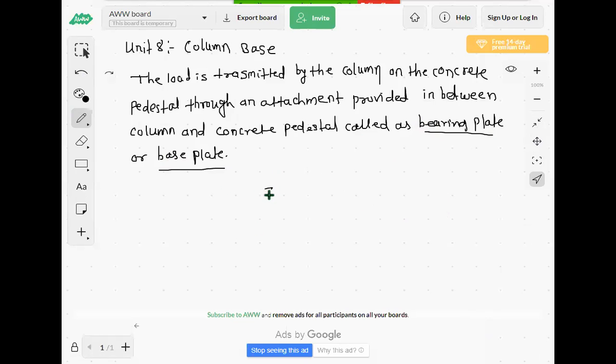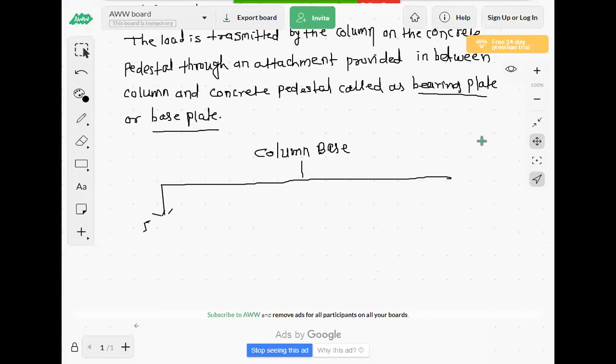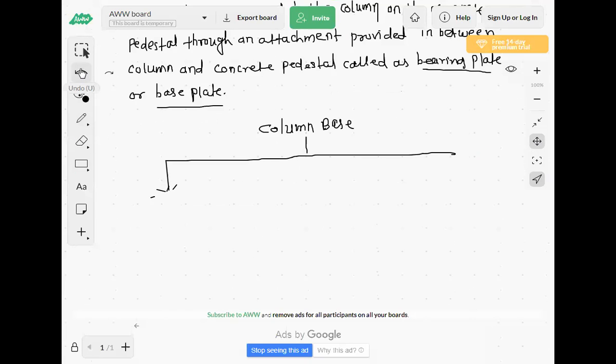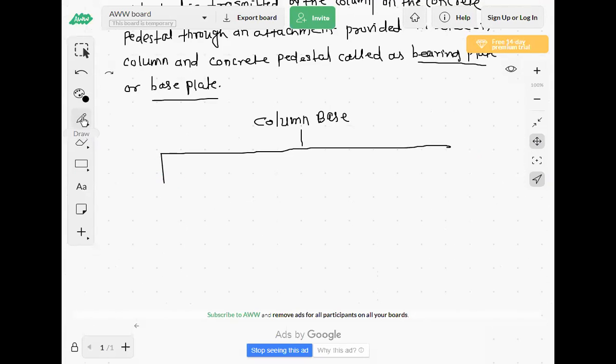There are generally two types of column base. First is the slab base.